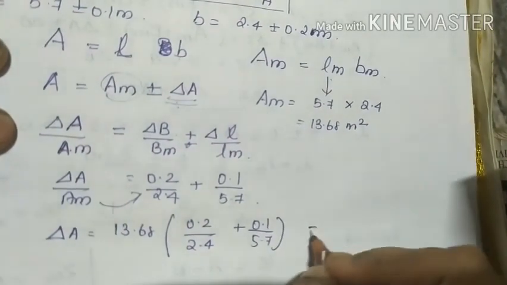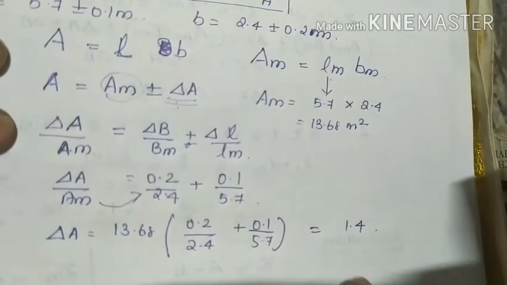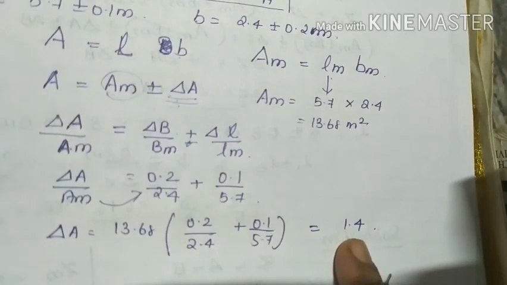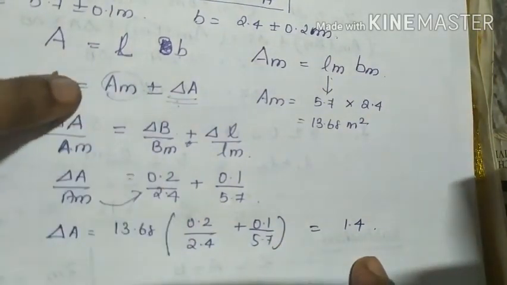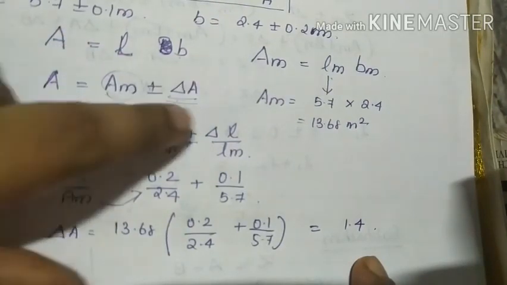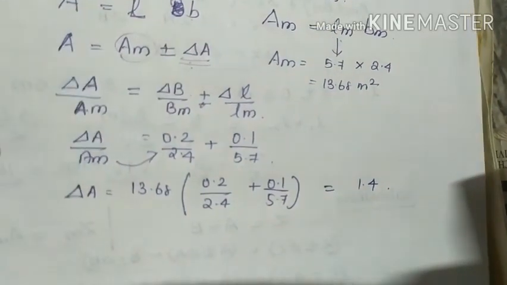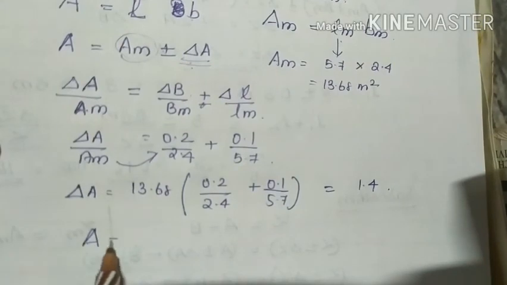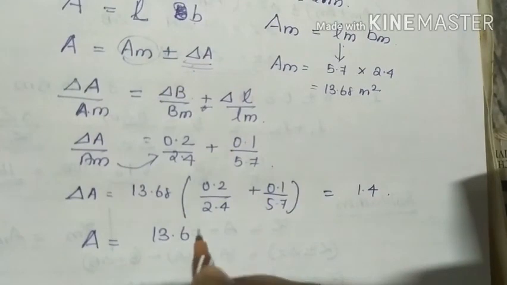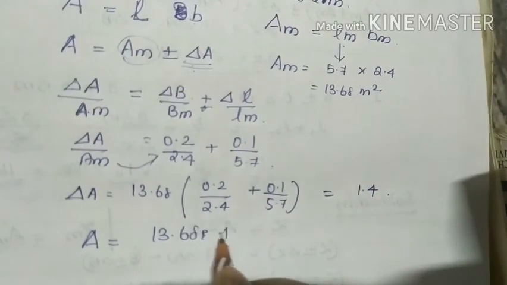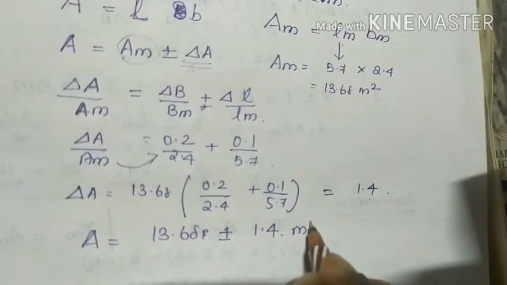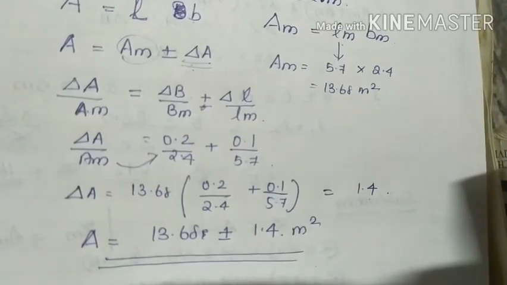You will get a round value as 1.4, 1.39 something, I'm just rounding it off to 1.4. Now I'm going to substitute these values into the actual answer you require. That is A is equal to measured value of area plus or minus its error. So area is equal to 13.68 plus or minus 1.4 meter square. That is the area.